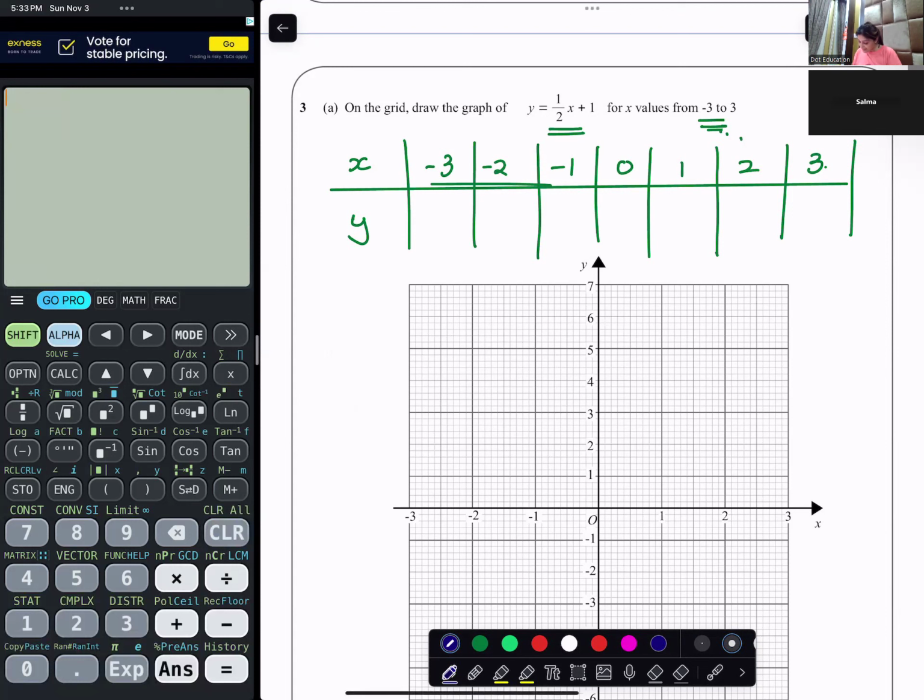Y is equal to half. Half, that means you will use the fraction. Then you will write your bracket, plus 1. Now you're going to feed in values of x to get y. When x is minus 3, y will be minus 0.5. Similarly, when you keep on filling, you will get these values.